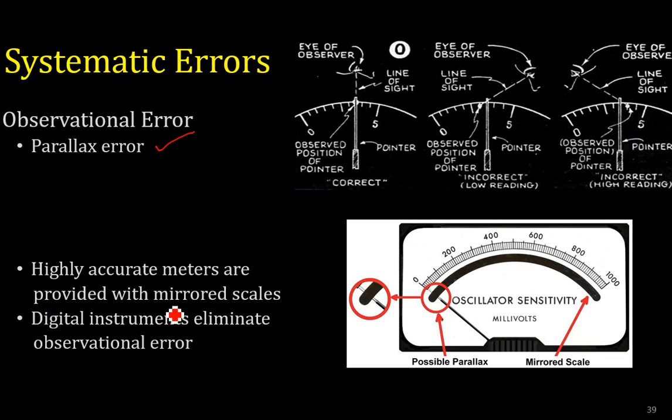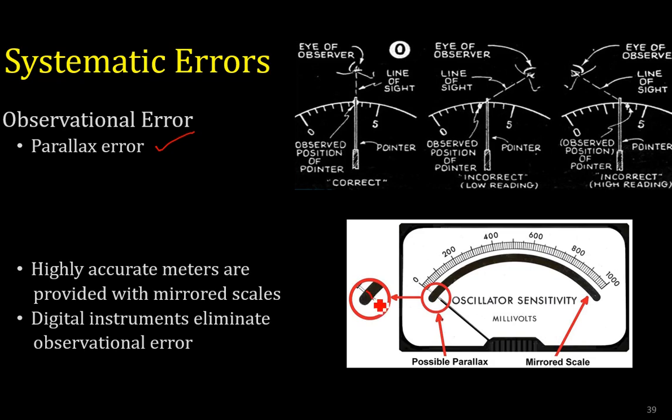So this can be rectified or removed by using mirrored scales. When you look from above, you'll see a reflection of the pointer on the mirror, and if you have no parallax error, the reflection cannot be seen because the reflection will be exactly below the pointer.